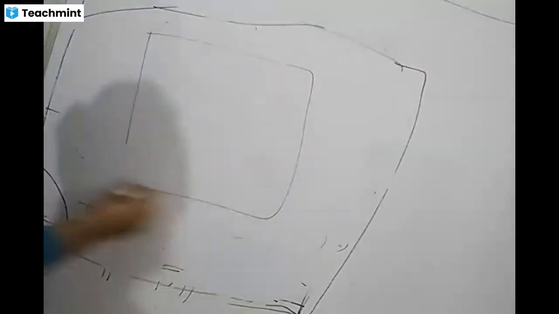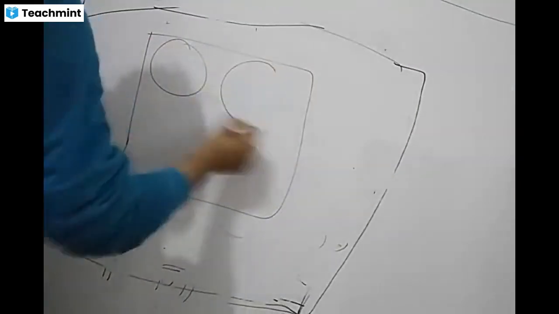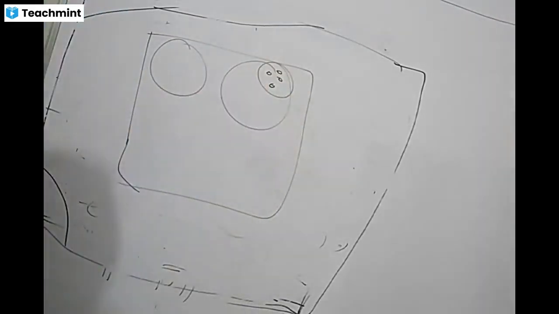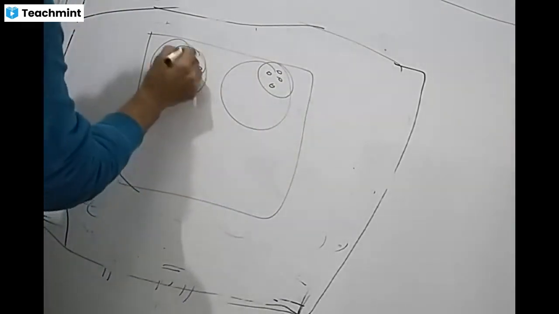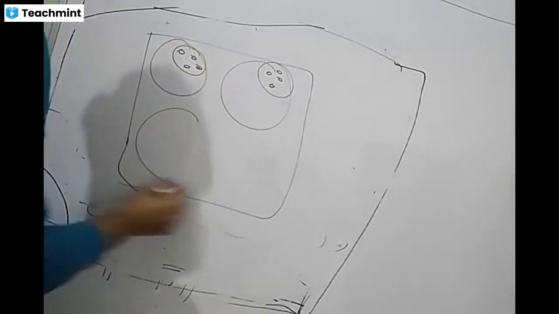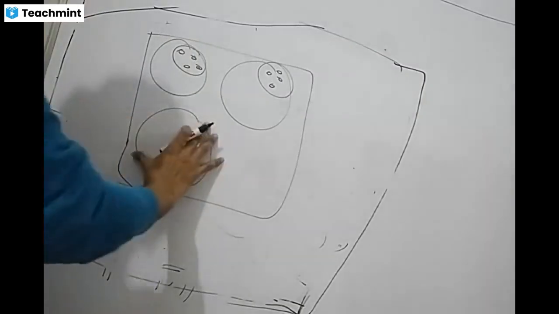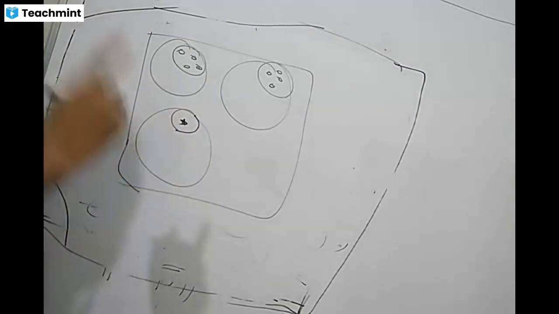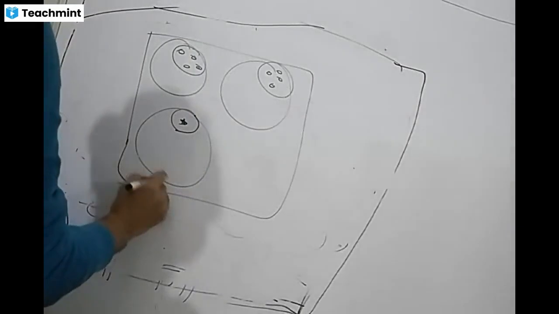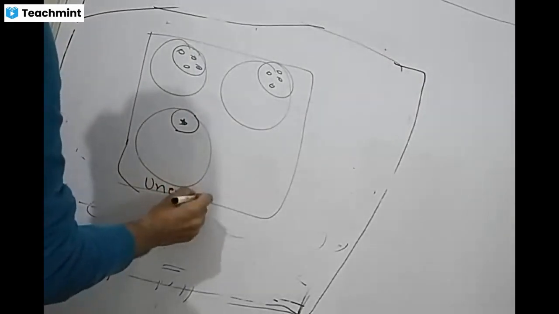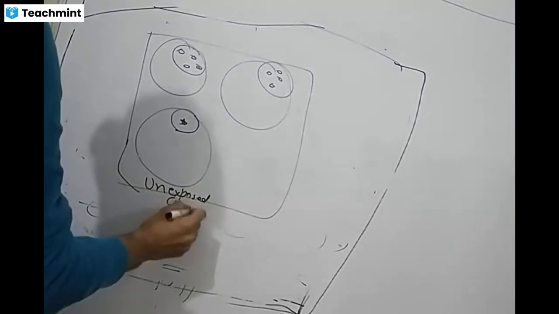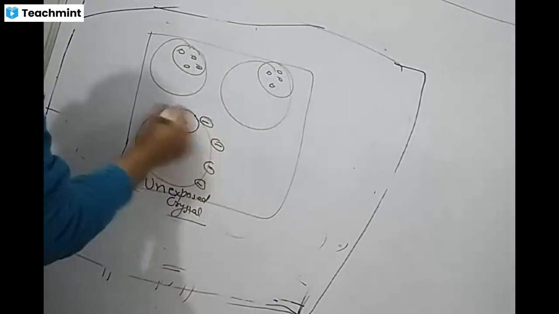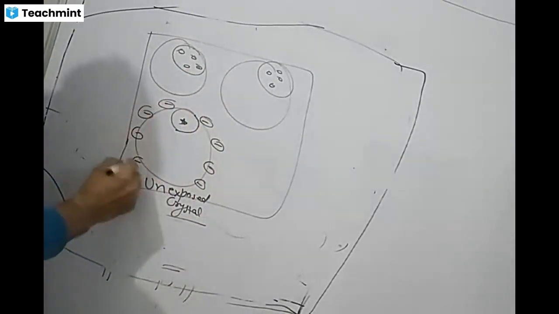So if this is our emulsion and this is the crystal where this is the latent image, these four are present. Suppose this is one crystal with the sensitivity center, but this is an unexposed crystal. An unexposed crystal will have negative charges over the whole surface.